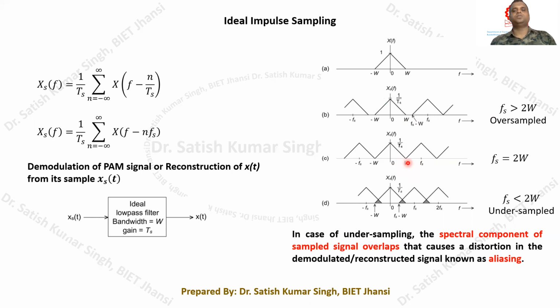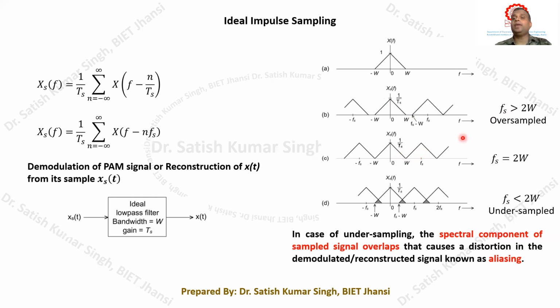Therefore, whenever the sampling frequency fs equals 2W, there will be no gap between the two consecutive bands, or side bands. There will be no spectral gap between the two consecutive side bands, fine.